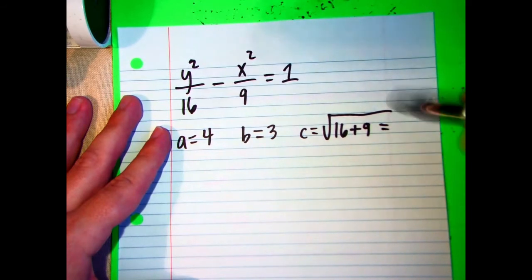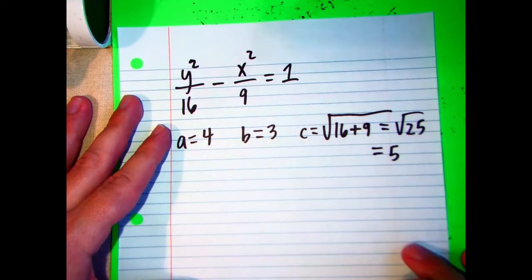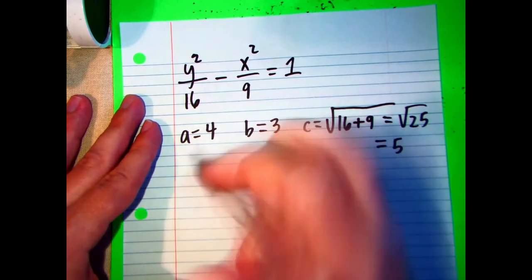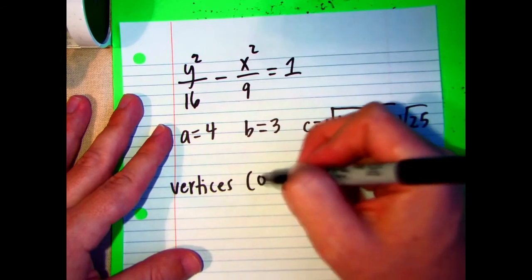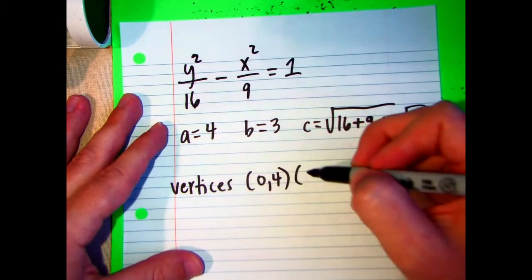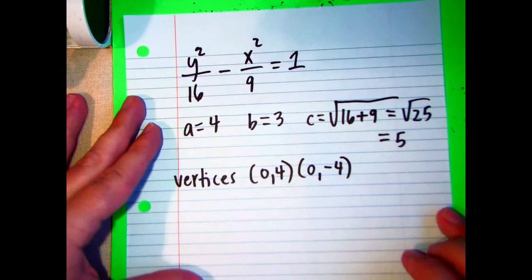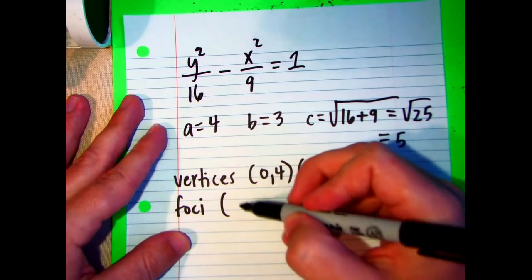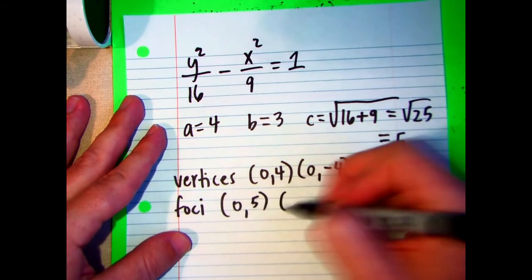So the square root of 25, which is 5. I'm going to identify my vertices first at (0, 4) and (0, -4). I'm going to identify my foci, (0, 5) and (0, -5).